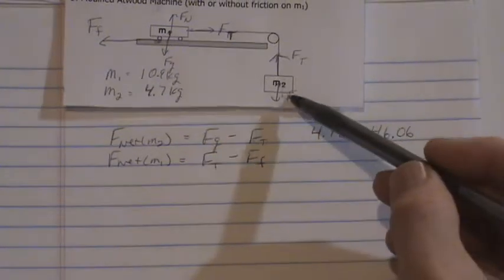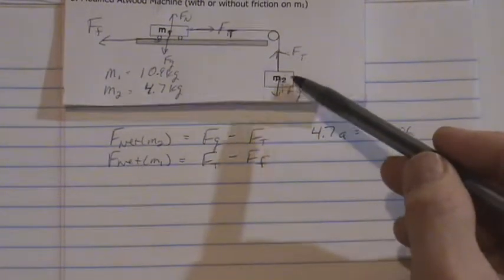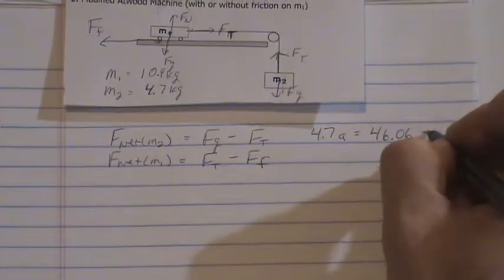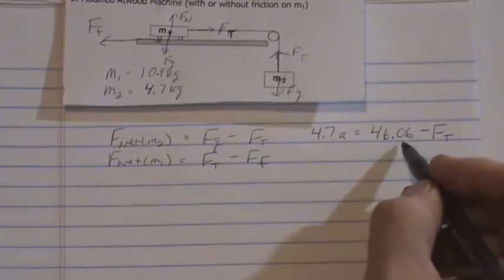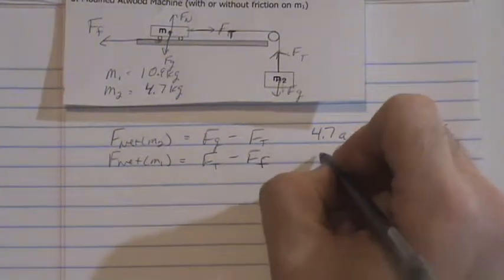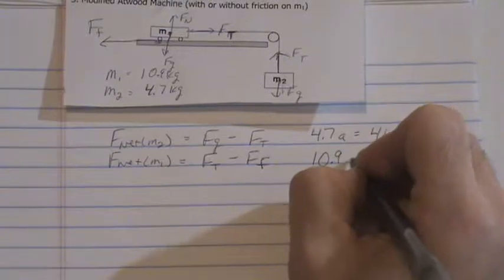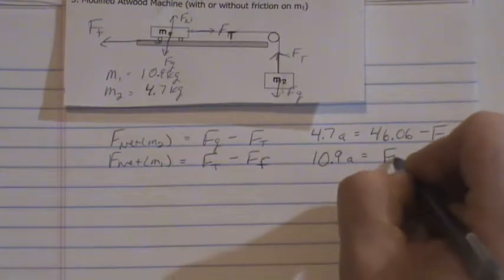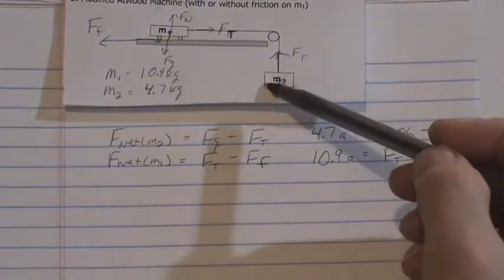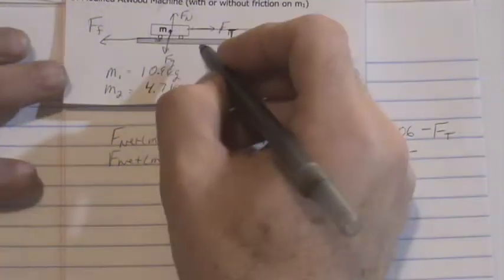That is the mass times the acceleration of gravity, which is 4.7 times 9.8, minus the tension. That's going to be our equation for M2. For M1, now it's 10.9 times the acceleration is going to be the tension force minus the force of friction, which is the normal force times the coefficient of friction. So we need a coefficient of friction.